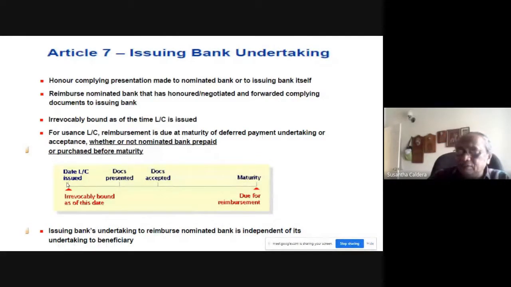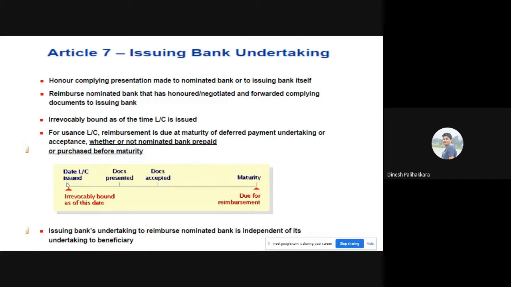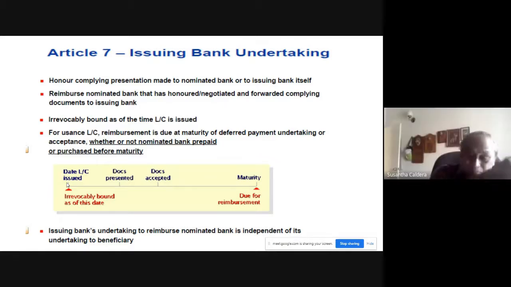The bank should receive the documents during the banking hours, right? Now Sumudru asked a very important question.